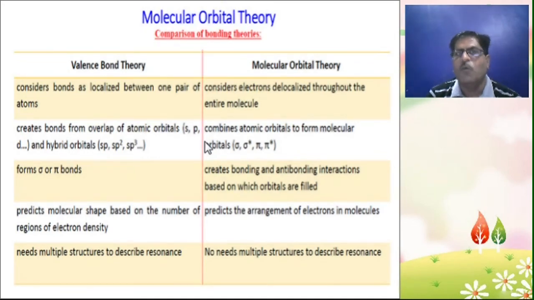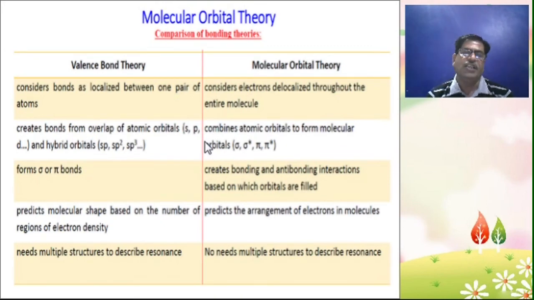First, the similarities. Both theories are good attempts to explain the formation of covalent bonds and are widely accepted. According to both theories, the overlapping atomic orbitals should have similar symmetry and energy.